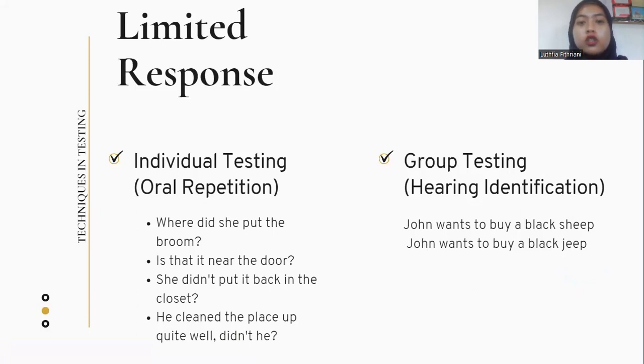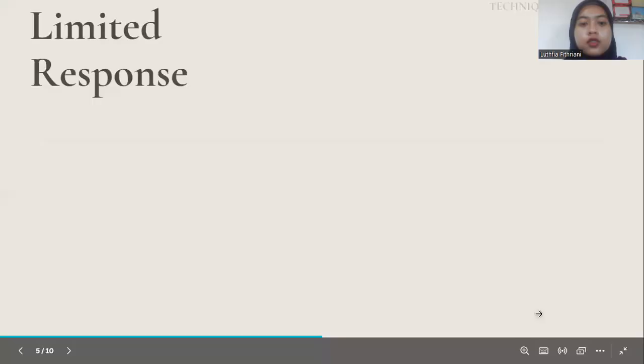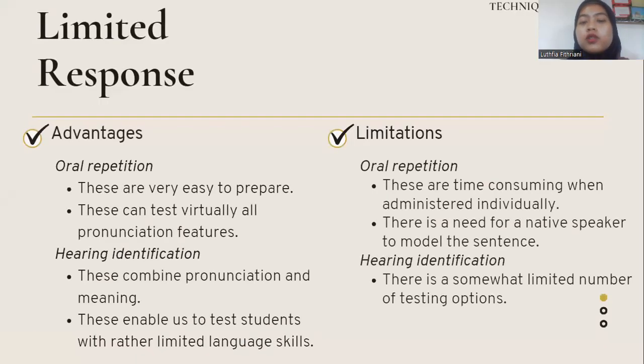And the student should decide whether the sentences that have been said by the teacher is the same or not. So that's the difference between individual testing and group testing.